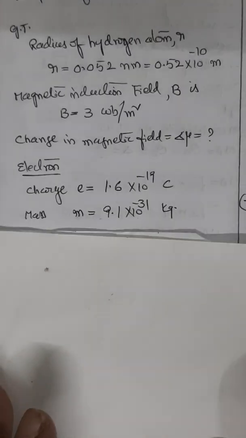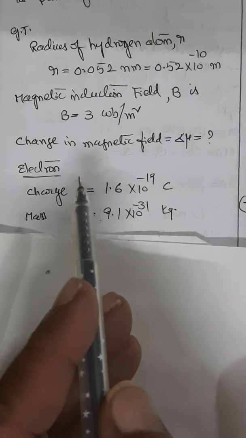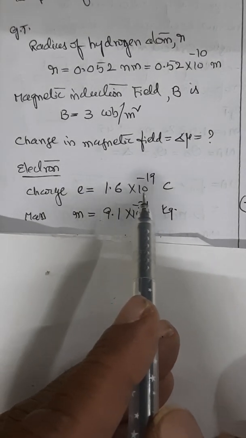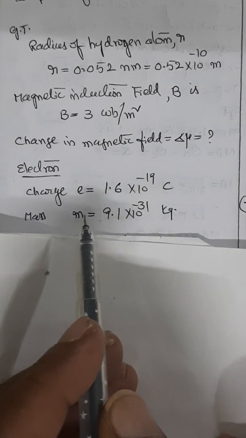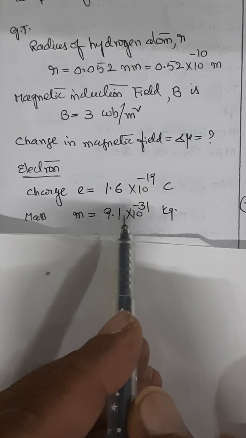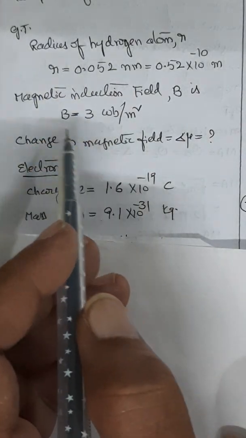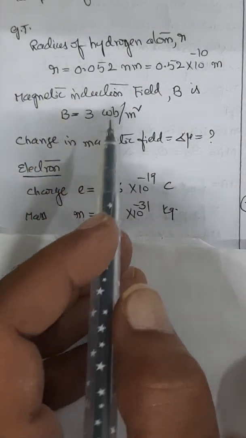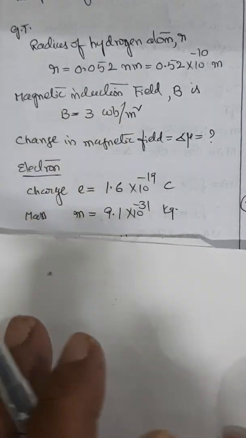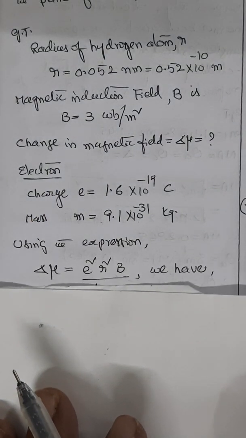These are the two standard values we have taken. Charge of an electron as 1.6 into 10 power minus 19 coulomb. Mass of an electron is 9.1 into 10 power minus 31 kg, because it is clearly given that the electron in a hydrogen atom is circulating. So therefore, we use this expression.